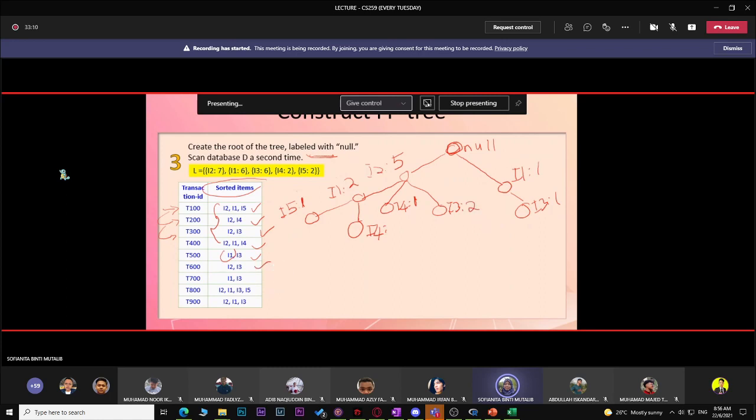Boleh? Okay, 700. 700 akan berada di mana? Dia akan tambah I1 dengan I3. Good. Okay, here is becoming 2. Okay. And then T300 would be this one becoming 6. Okay, and then it goes to I1 here is becoming 3. And then it goes to a new I3 equal to 1.